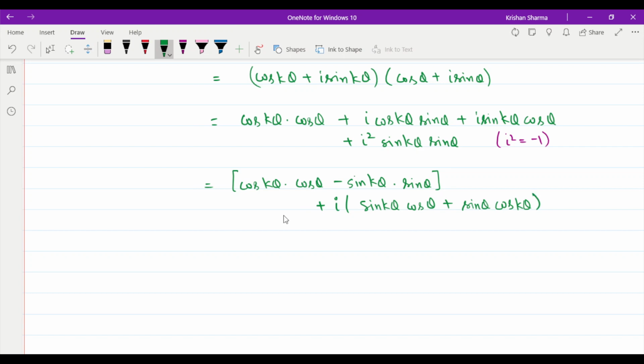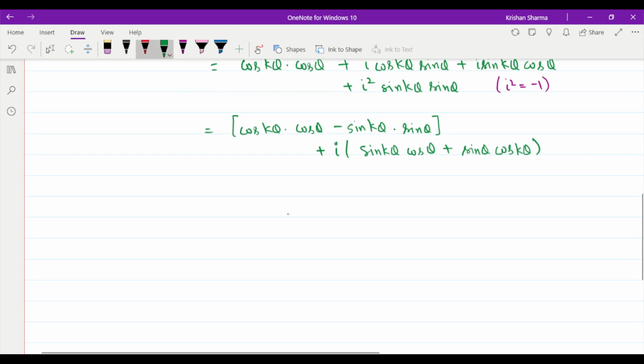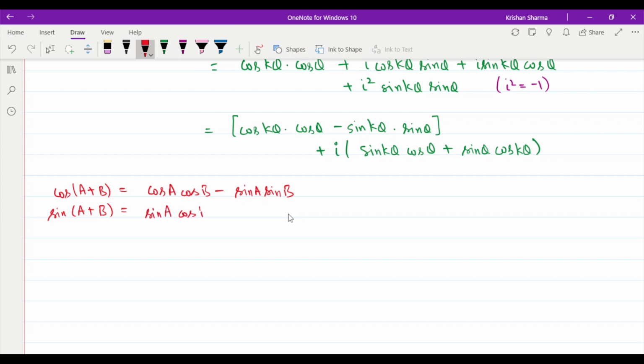Now if you know the formulas, what is cos of a plus b? That is equal to cos a cos b minus sin a sin b, and sine of a plus b is equal to sin a cos b plus sin b cos a.